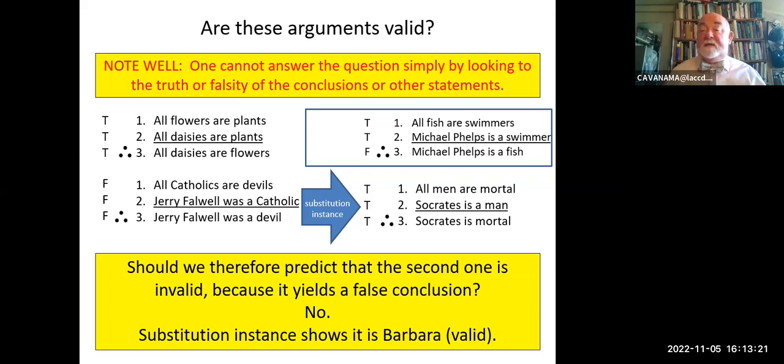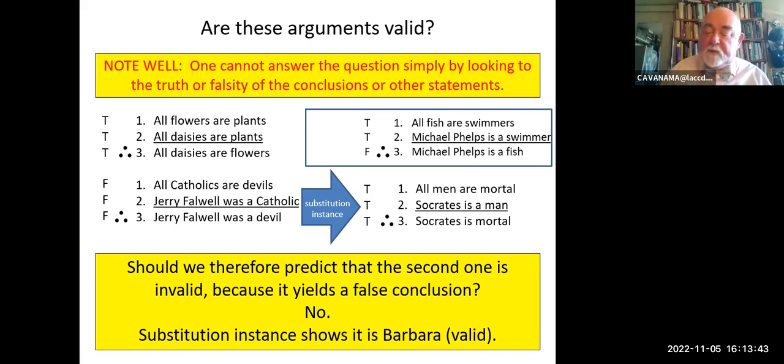But that's not to say that if your premises are false, it can't produce a false conclusion, or for that matter, a true conclusion. Just looking at the substance of Catholics and devils and Jerry Falwell, etc. Jerry Falwell clearly was not a Catholic, and probably not all Catholics are devils, all of them, and probably not Jerry Falwell.